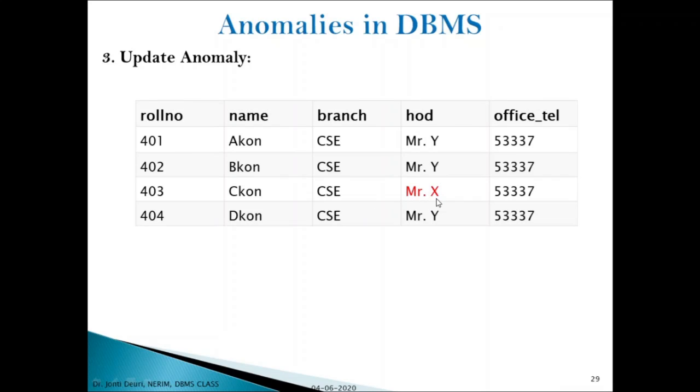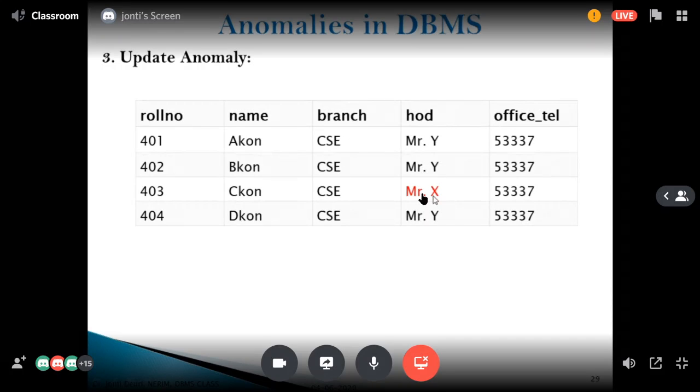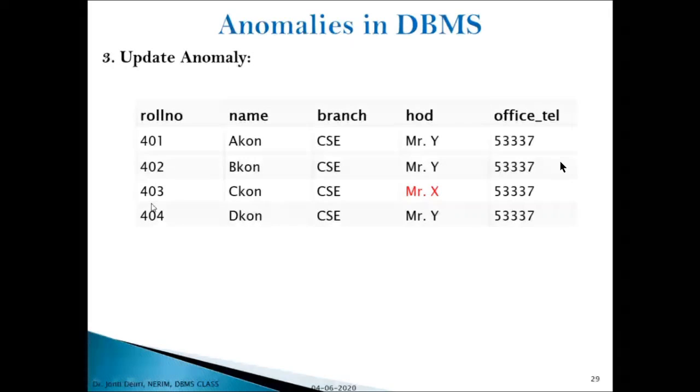Mr. X is not changed. Other rows I have changed, but in this 403 I didn't because it was left. So this information is now wrong, right? At update time I have not changed this one, and Mr. X remains. So now if I take the information, I will get wrong information for this student 403.